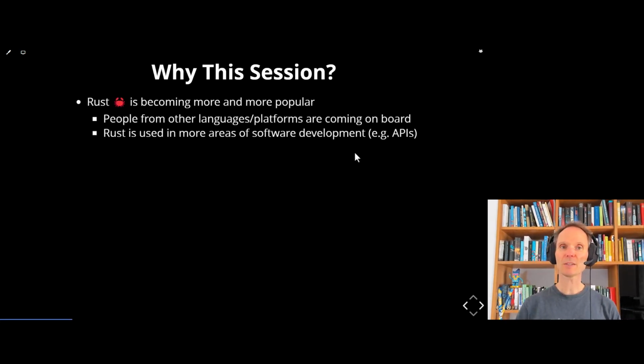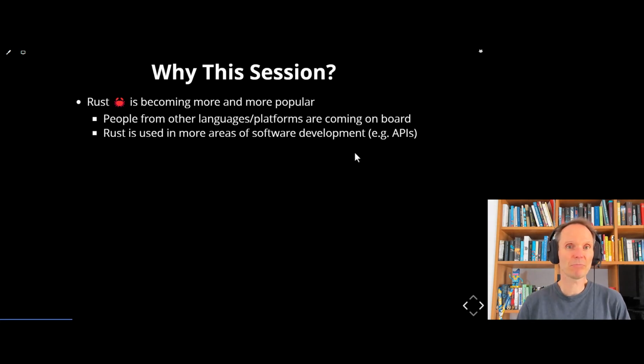You see, Rust is a great language. I love Rust. I'm passionate about Rust, and Rust is becoming more and more popular. That means that more people are attracted to this language and to this platform, and those people come from other languages and other platforms. They might not have a huge background in C or embedded programming, so Rust might feel a little bit intimidating at first glance.